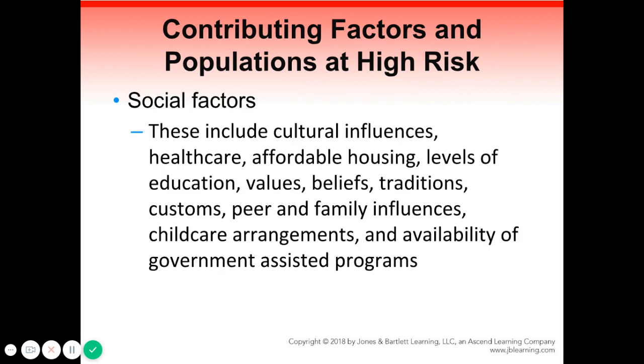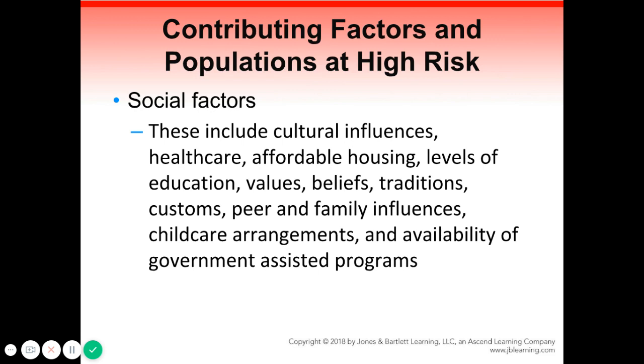Social factors, and I would remember these. There are 3 that we're getting ready to come up on that you need to remember. Social factors are going to include cultural influences, healthcare, affordable housing, levels of education, values, beliefs, traditions, customs, peer and family influences, childcare arrangements, and availability of government assistance programs.